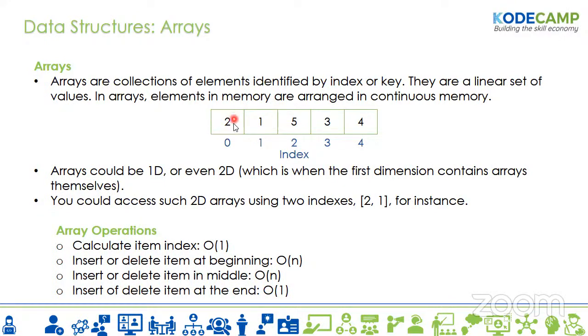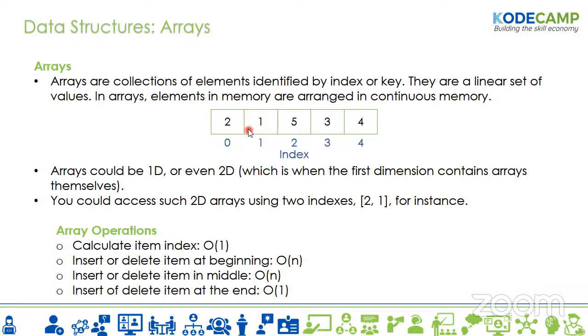What an array does is it takes the first element, stores it in a particular memory location, and then it takes the other ones and just puts them beside it. This first one is the key, and the other ones are put beside it in the memory.